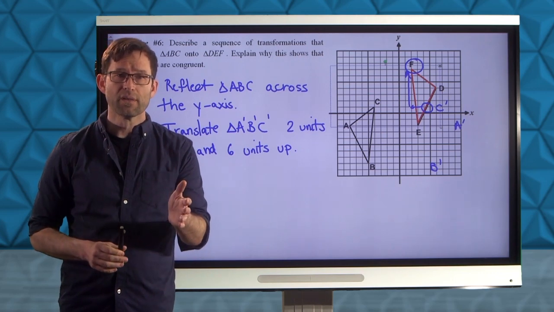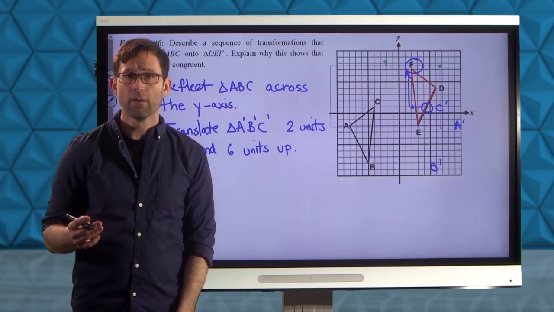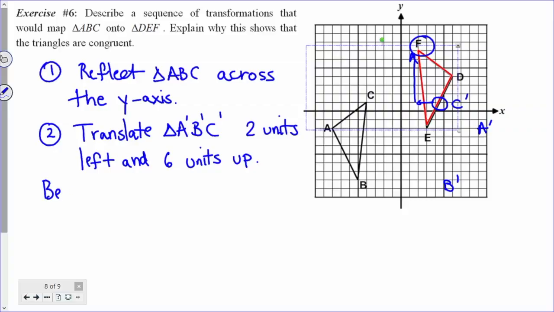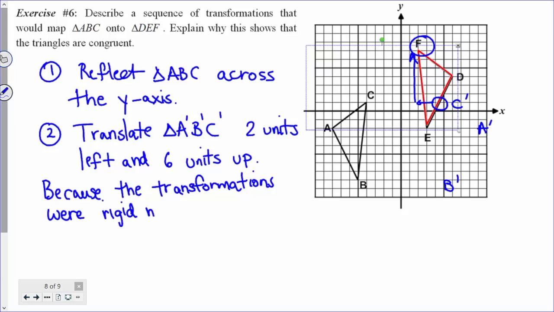Now, the final little piece of this problem is simply, well, how do we know the two triangles are congruent? That's simple enough. Because the transformations were rigid motions, or rigid body motions, either way. You just got to have the word rigid in there.